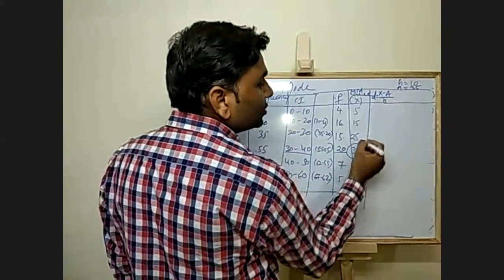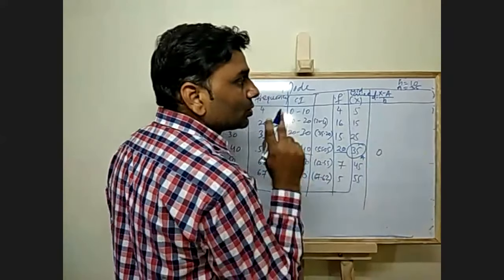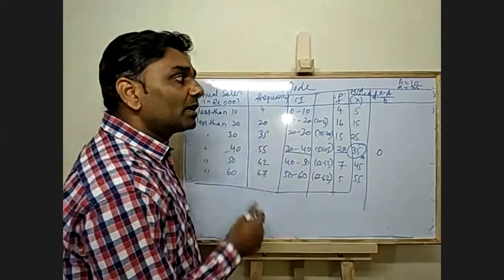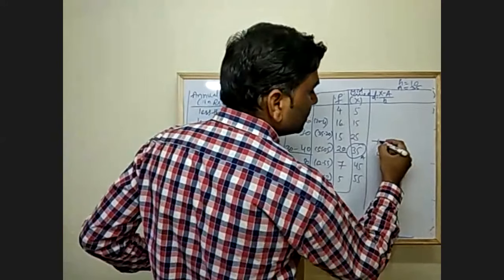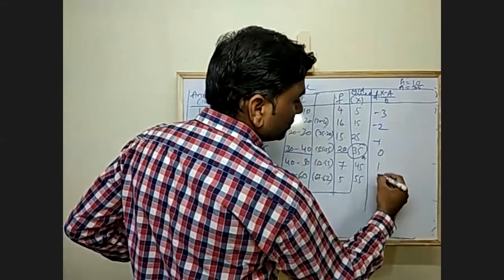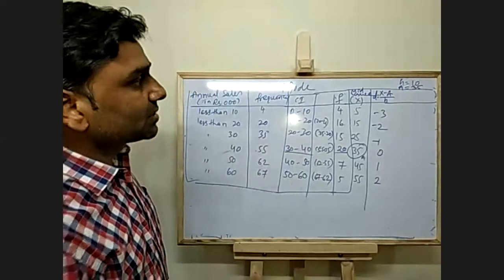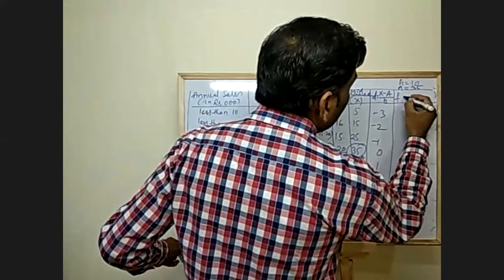Next, x is 25, a is 35. So 25 minus 35 is minus 10. Minus 10 divided by h, that is 10. So minus 1. This is minus 2. This is minus 3. This is 1. This is 2. Okay.